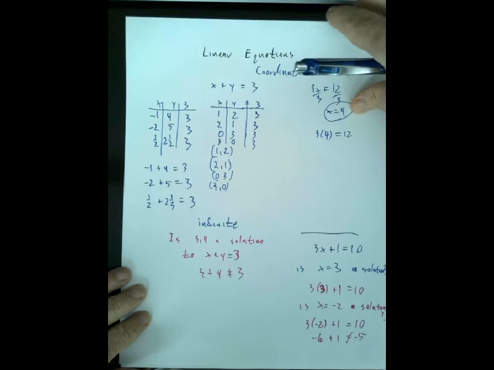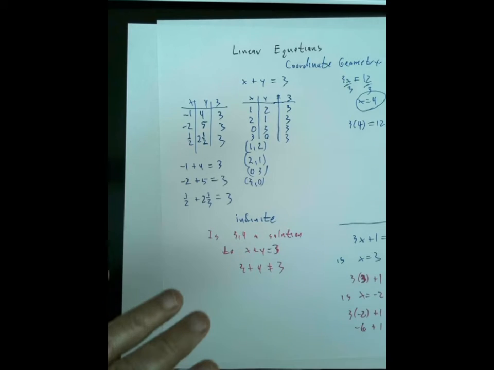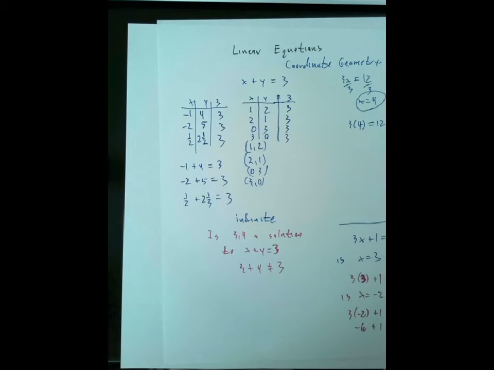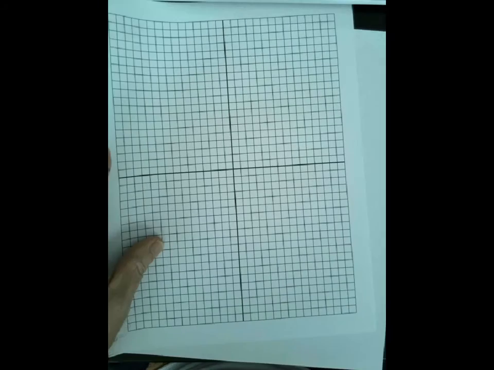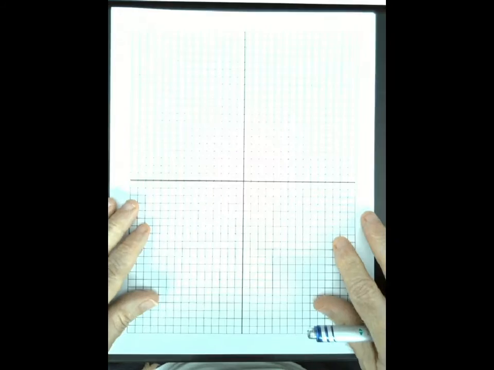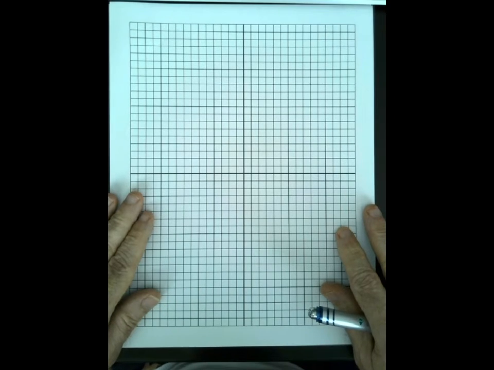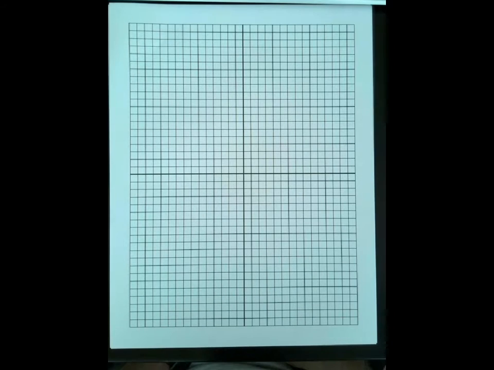For what's coming up, you're definitely going to need graph paper. And if you don't have any at home, you can print out the plain graph paper that I posted on Canvas. Anyway, so here it is.